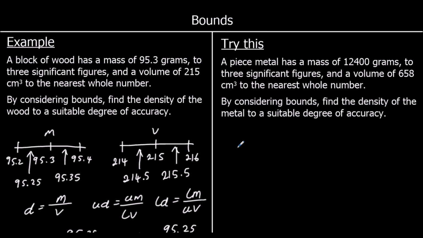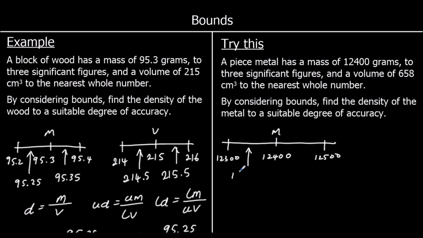So we're going to find the density again, so the upper and lower bound for density. So we've got mass, which is the 3 significant figures. So the one up would be 12,500. The one down, 12,300.